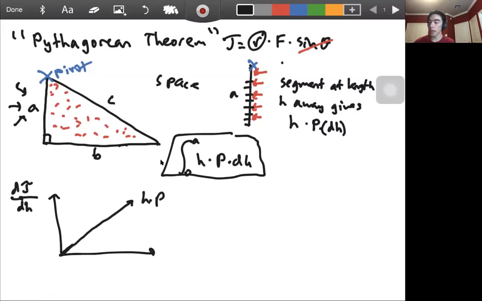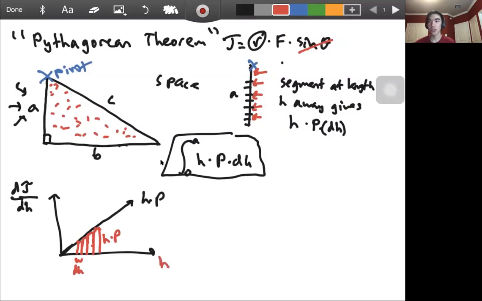What we're doing is summing up a lot of really small rectangles here. And each of these rectangles has side length DH. And each of the heights of these is H times P, where H is changing.